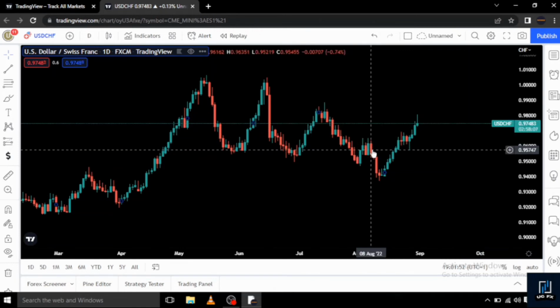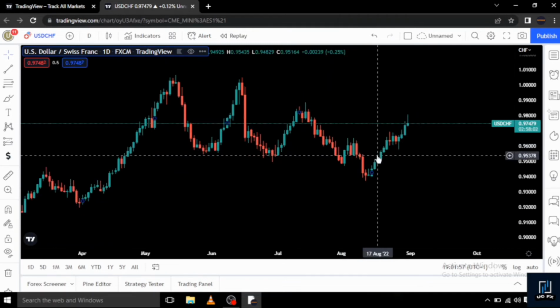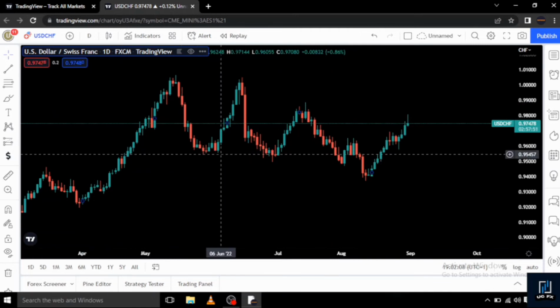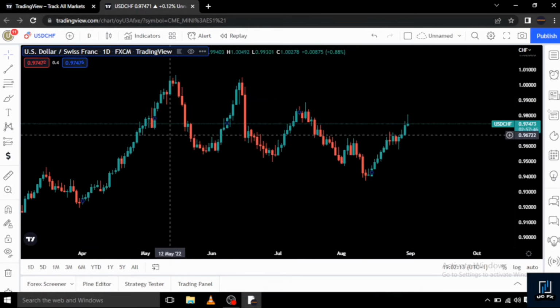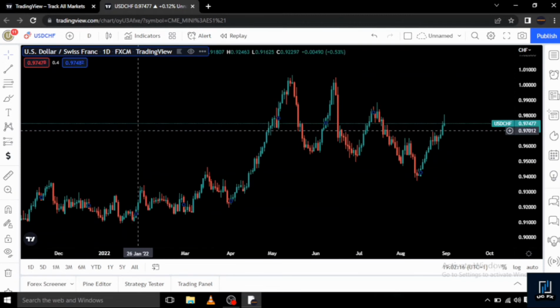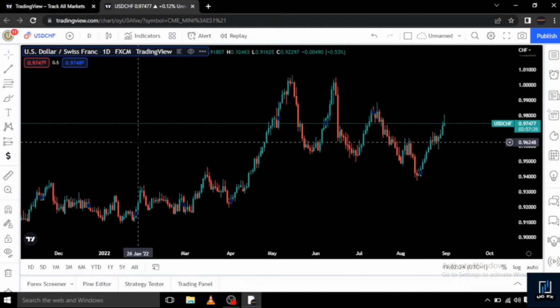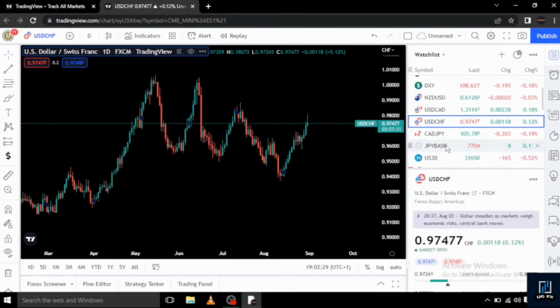There are pairs that are tightly correlated to the dollar index, while some are not. So we have the positively correlated ones and the negatively correlated ones. For the ones that are positively correlated, whenever the dollar index is in an uptrend, they would also be in an uptrend, just like we have this USD CHF and USD CAD and others. For the negatively correlated ones, whenever the dollar index is in an uptrend, they would be in a downtrend, just like we saw on the Euro USD and the GBP USD, right?